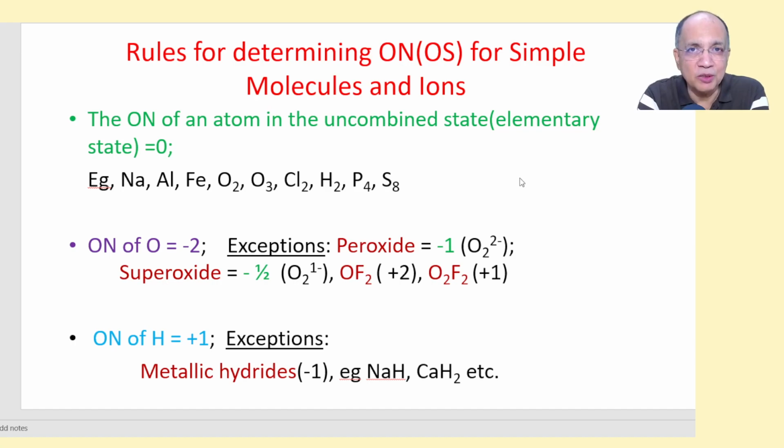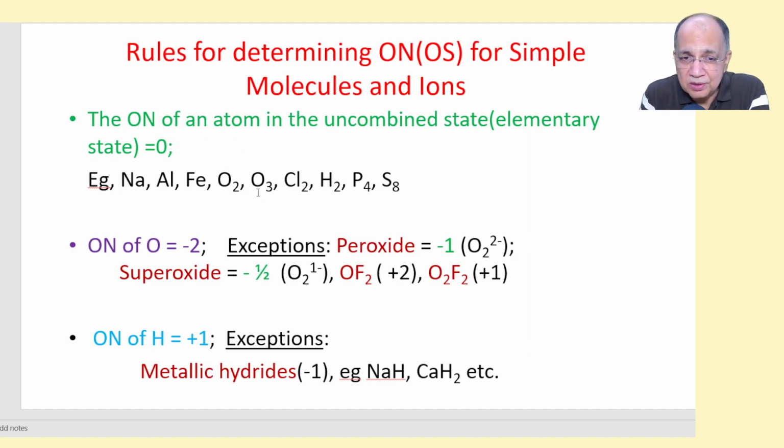As a beginner, you will take 1 or 2 months more; if you are a fresher in class 11, you can't draw the bond structures of all the covalent molecules and ions. A simple rule you can remember: all atoms in their uncombined, elementary state will have zero oxidation number. There is no compound, so the oxidation number is zero.